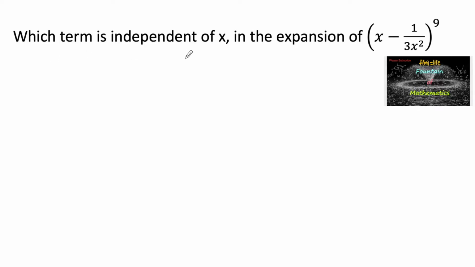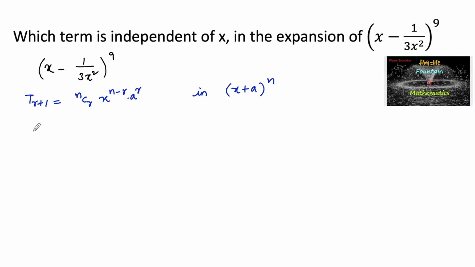Which term is independent of x in the expansion of (x − 1/3x²) whole to the power 9? Let us consider the general term. We have T(r+1) is equal to nCr x^(n−r) a^r in the expansion of (x + a)^n.